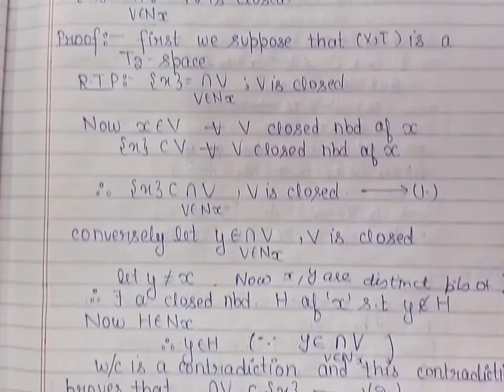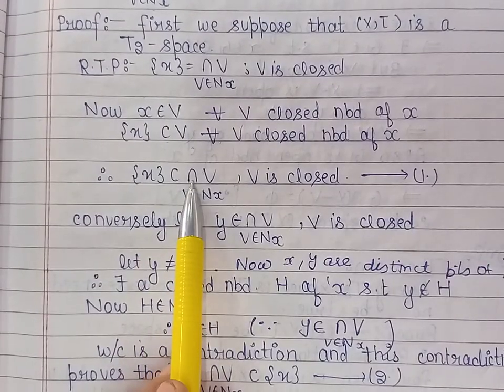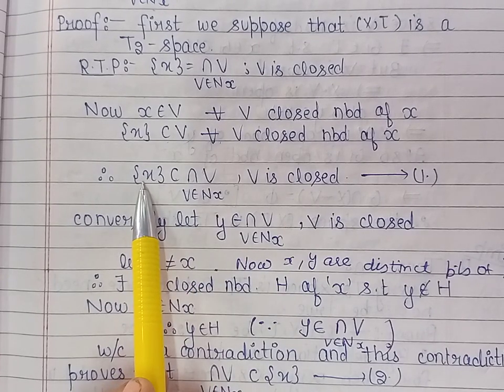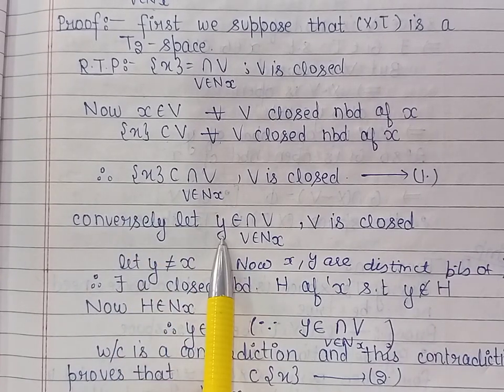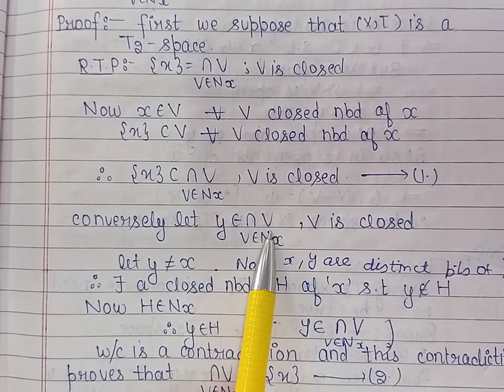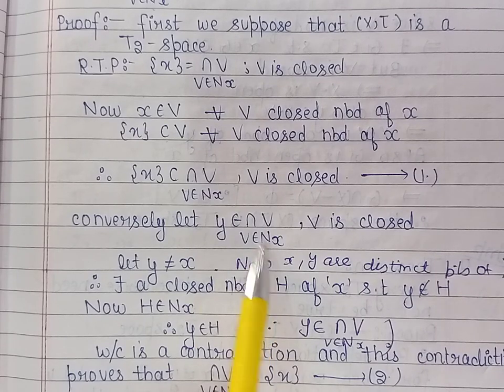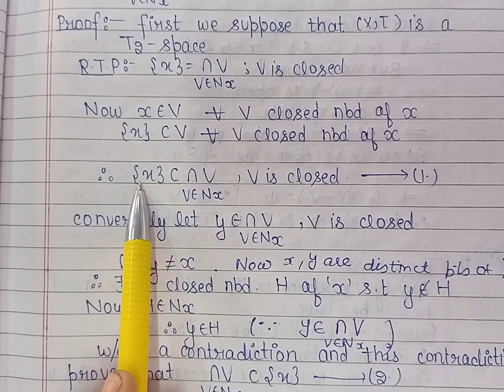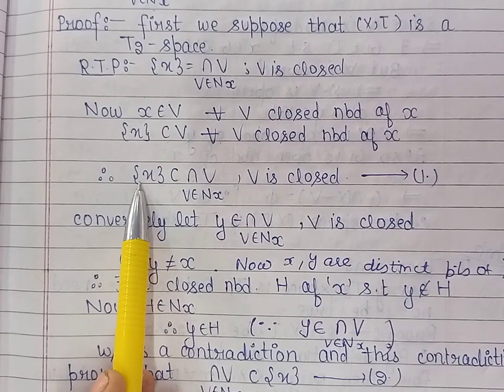Now to prove the converse, we have to prove that the intersection of all the closed neighborhoods of x is contained in the singleton {x}. So let us take an arbitrary element y belonging to the intersection of all the closed neighborhoods of x. We have to prove that this y belongs to the singleton {x}. It means we have to prove that x and y are the same. We prove it by contradiction.